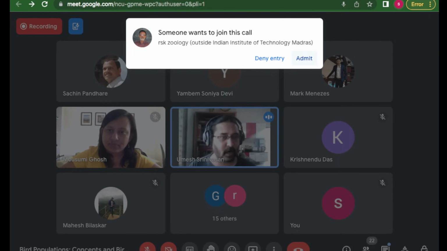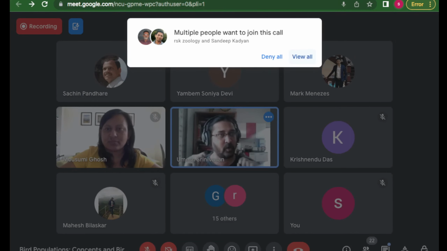Now, the permission is granted under the provisions of the Wildlife Protection Act. So, if I am studying species that are very common and on Schedule 2 of the Wildlife Protection Act, which have lower conservation priority in India, then the state government can give me permission directly to study these species.